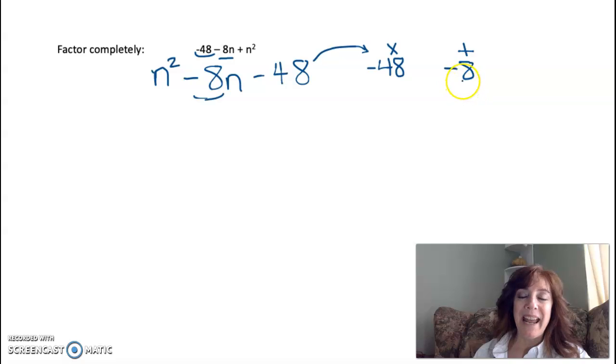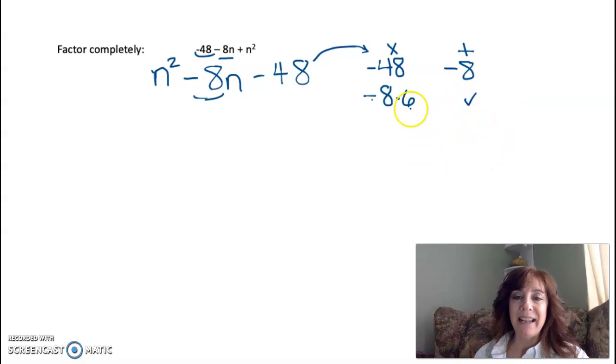Since my middle term is negative and I add to get a negative number, the larger factor of 48 is going to have to be negative. So negative 8 times positive 6 gives me negative 48, and then it adds to give me negative 8. So these are the 2 magic numbers, the factors that I'm going to use.